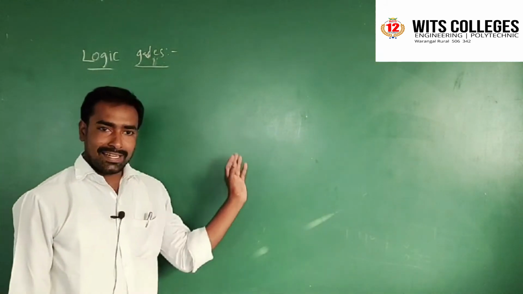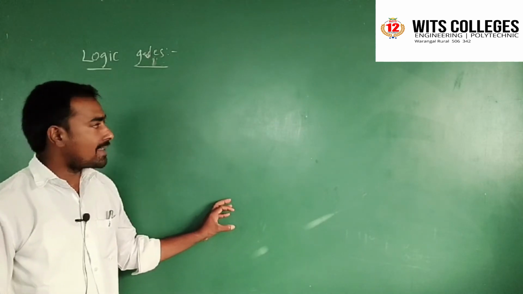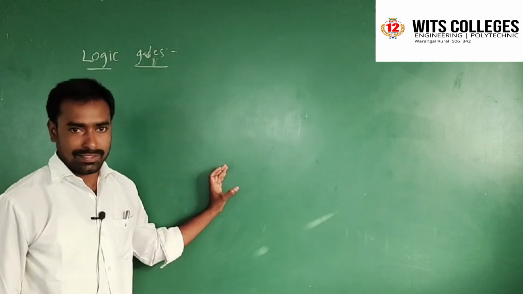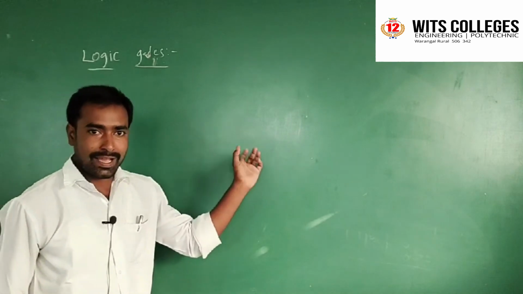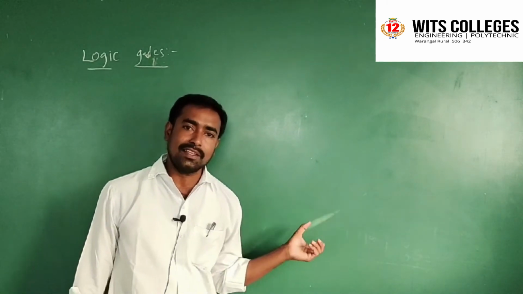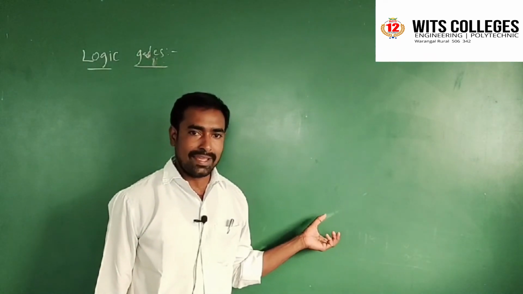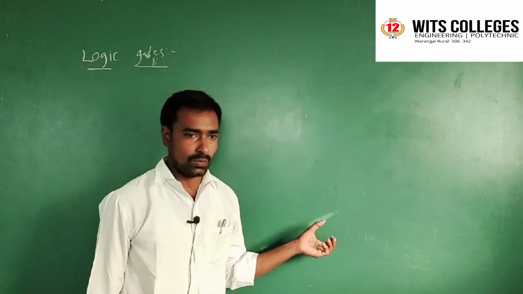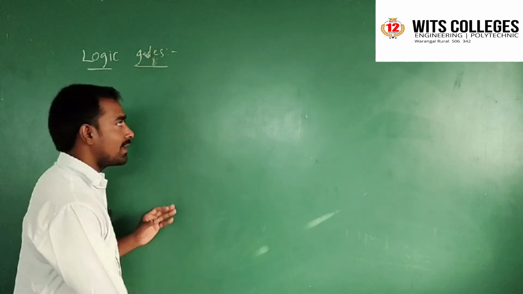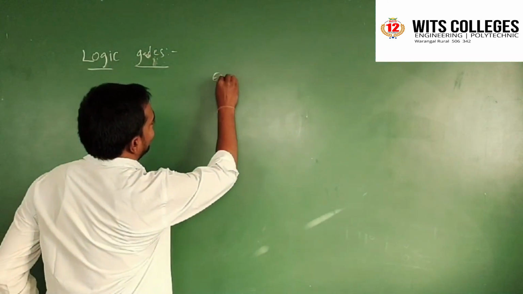And the other logic gates we have are called special function logic gates, and these are used to design combinational circuits, like adders and subtractors. The first is the exclusive OR gate.